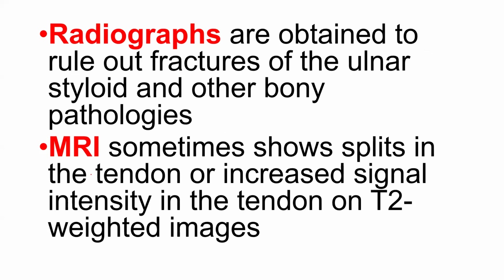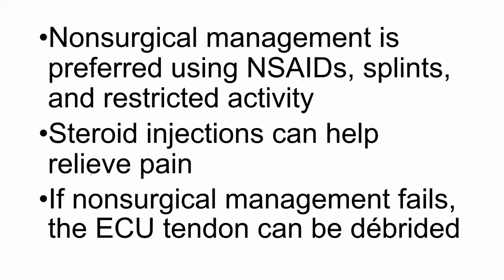MRI sometimes shows splits in the tendon or increased signal intensity in the tendon on T2 weighted images. Non-surgical management is preferred using non-steroidal anti-inflammatory drugs, splints, and restricted activity. Steroid injections can help relieve pain.